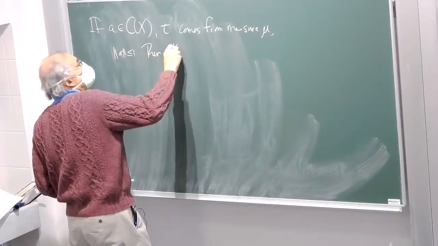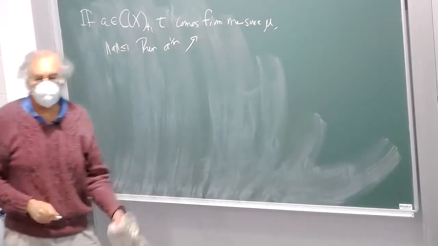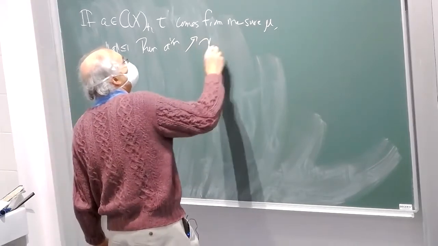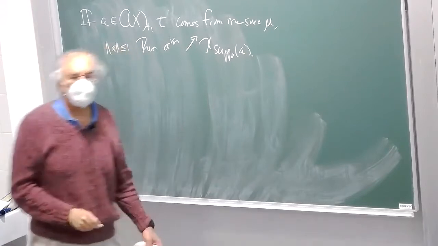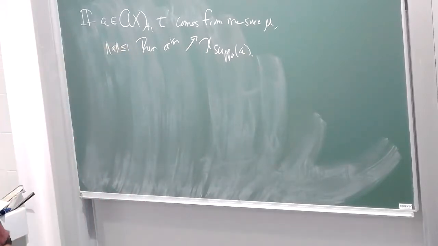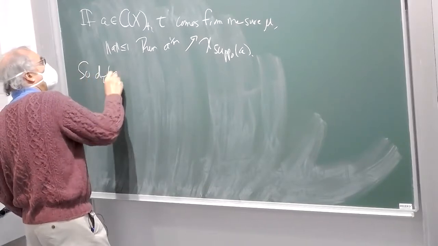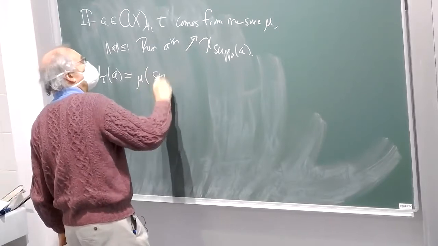Then a to the 1 over n, the positive part, converges pointwise, non-decreasing, to the characteristic function of the open support of a. And so by the monotone convergence theorem, d tau of a is the measure of the open support of a.